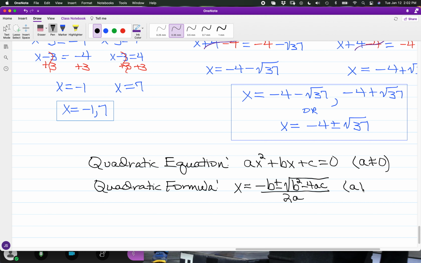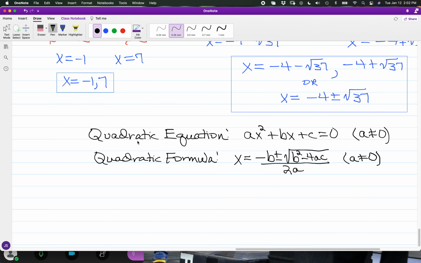And once again, a cannot be 0. Now the quadratic formula can be used when the trinomial involved is factorable, and it can also be used when the trinomial is not exactly factorable. Let's say we have a quick instance here.